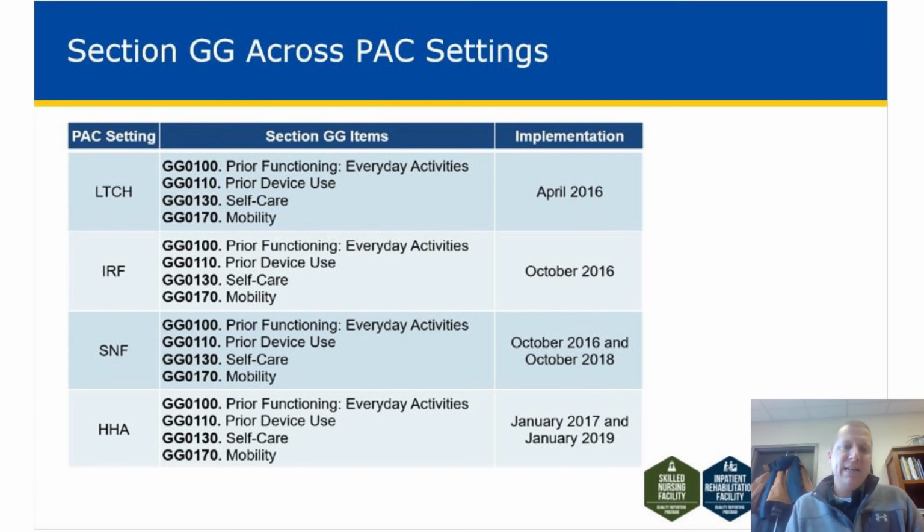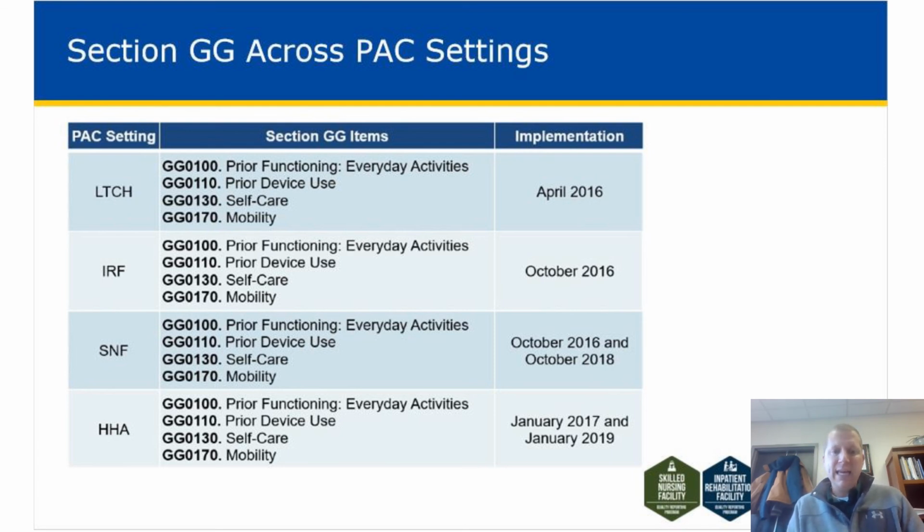You can see that inpatient rehab facilities followed suit in October of that year, as well as skilled nursing facilities. Okay, skilled nursing facilities also added more to Section GG, or the implementation of Section GG, in 2018. And then your home health agencies started using Section GG in 2017 and have added more of Section GG and have been utilizing it more since 2019.